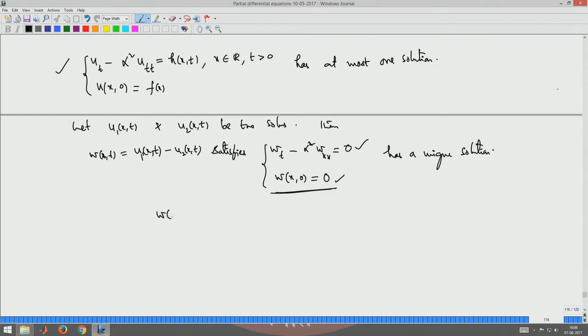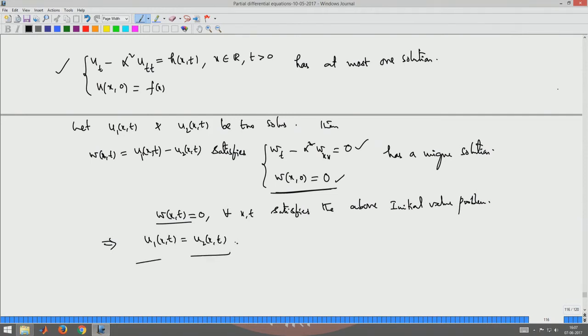So, w(x,t) is completely 0 for every x,t, and satisfies the above initial value problem. That means this should be the unique solution. So, that implies u1(x,t) equals u2(x,t).